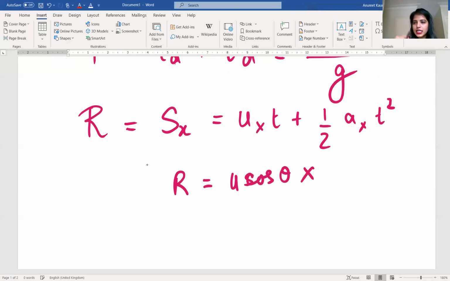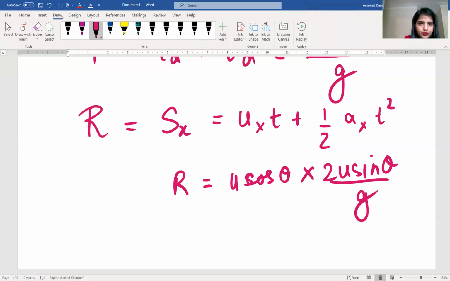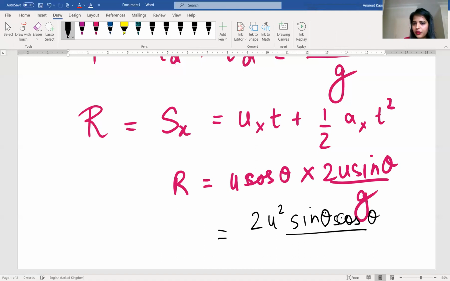This t is the time of flight, the time it takes to go from the initial point to the final point. The time elapsed between these two points is the time of flight, which is 2u sine theta by g, as we have just derived. So it comes out to be 2u square sine theta cos theta over g.